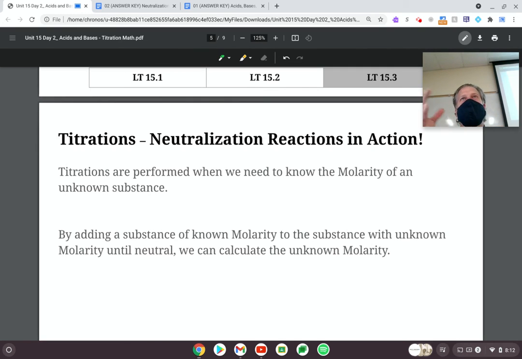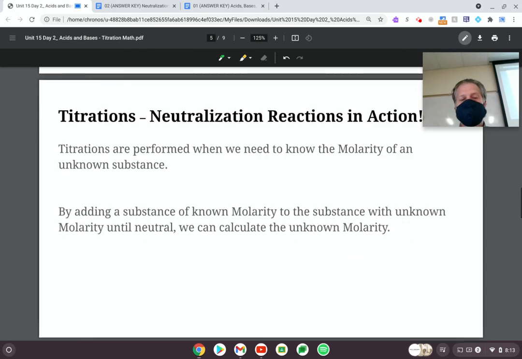So we generally take a base and add it to an acid, and when we do that, we're attempting to get it to a pH of 7. That's neutralization. By doing that, we are able to calculate the molarity of the substance we don't know. So the calculation that we just did is the exact same calculation that somebody would do in a lab setting. Hint, hint, wink, wink, nudge, nudge.